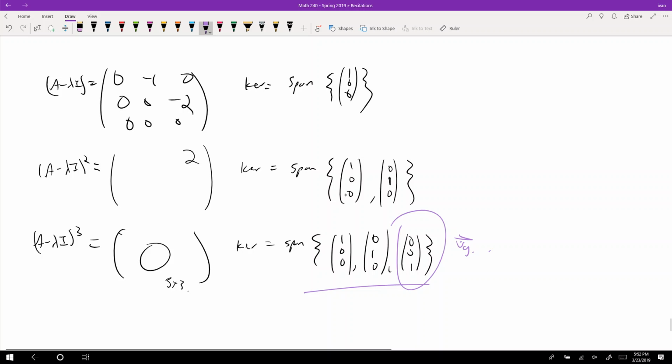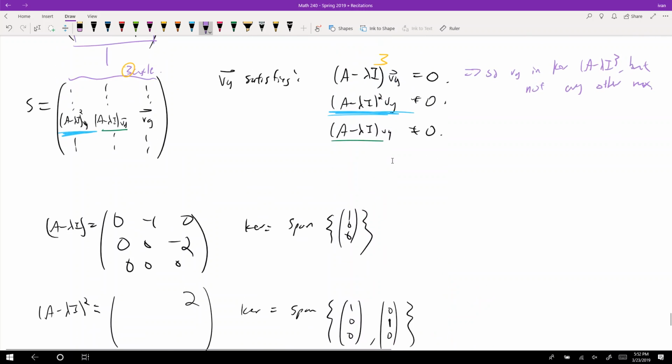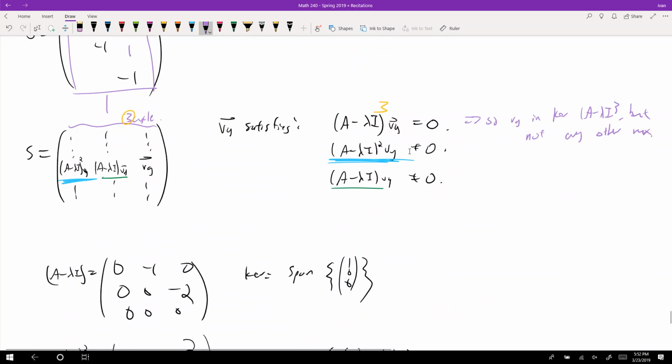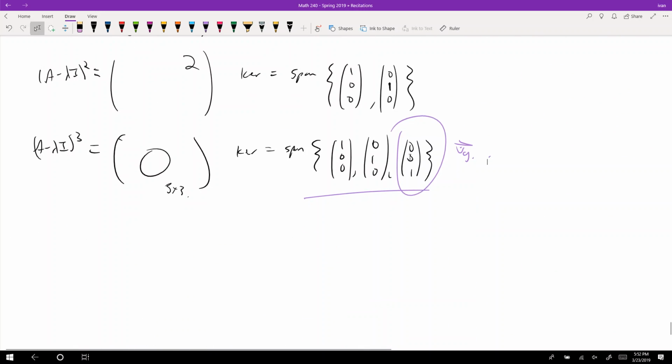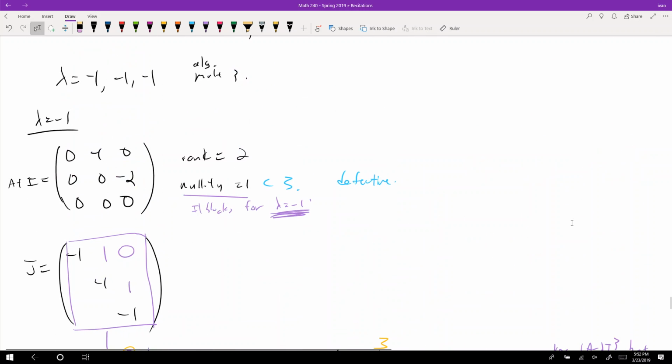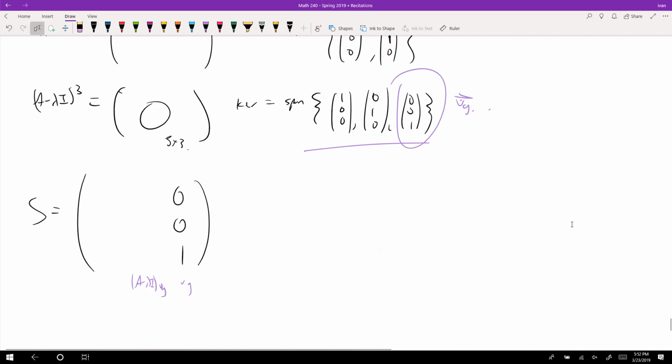Okay, and now what? Now S is equal to 0, 0, 1, which was VG. A minus lambda I times VG is A minus lambda I times 0, 0, 1. That takes the last column: 0, negative 2, 0.